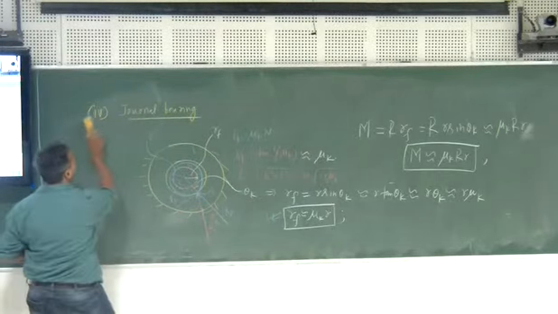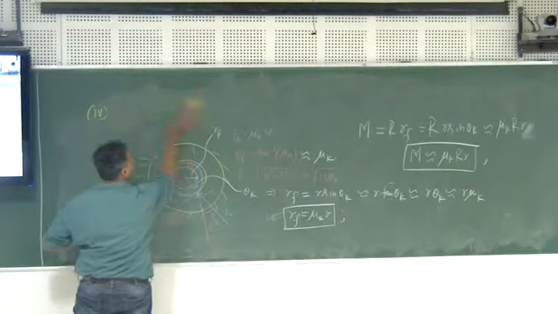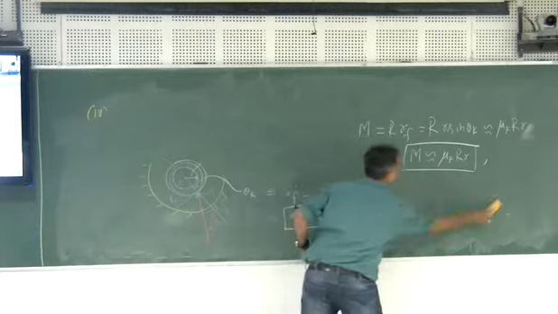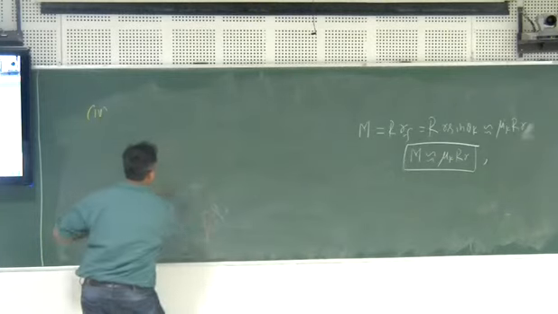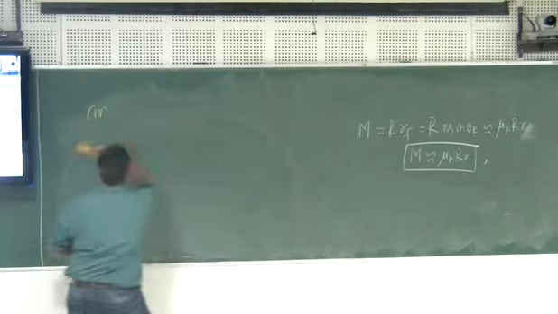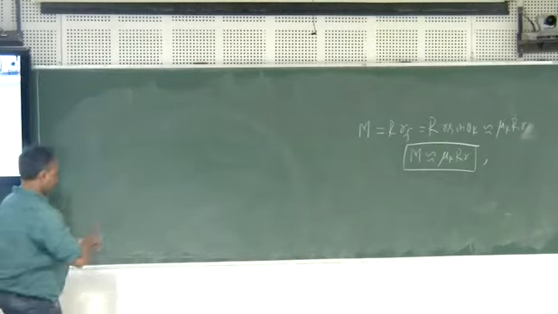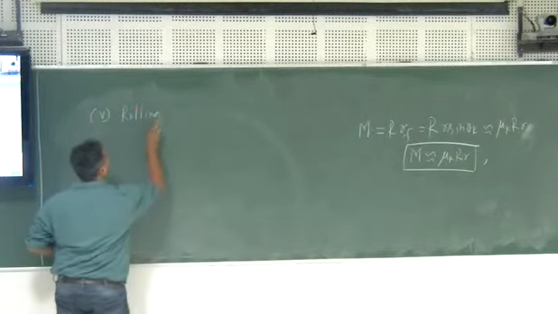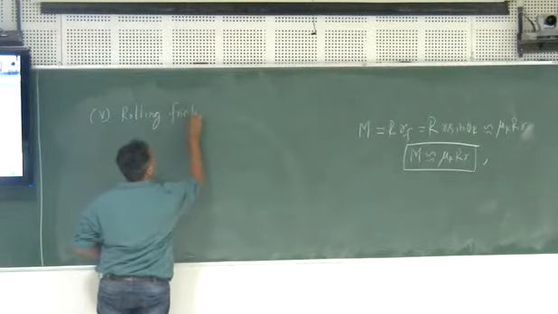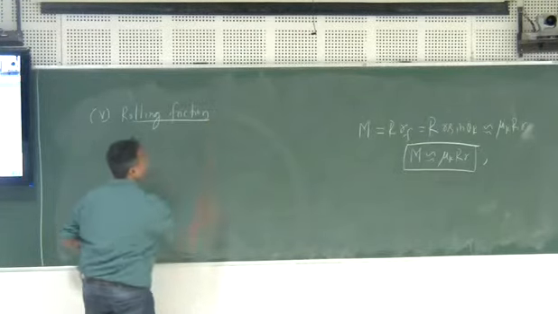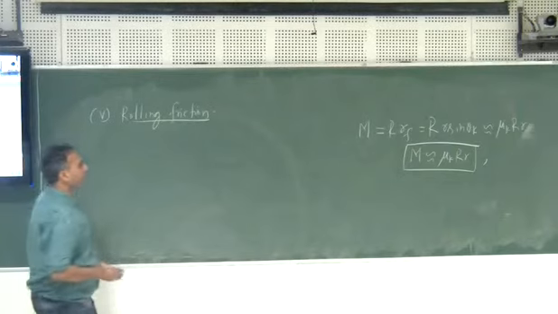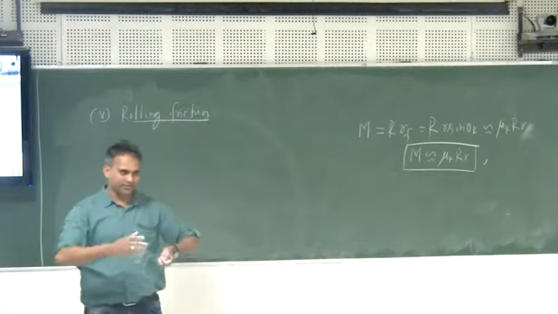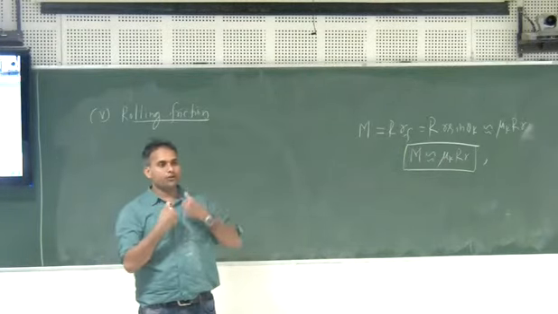Now let us look at another example of rolling friction. Example of rolling friction. In the case of rolling friction, you will see that any particular rolling object is not rigid all the time.